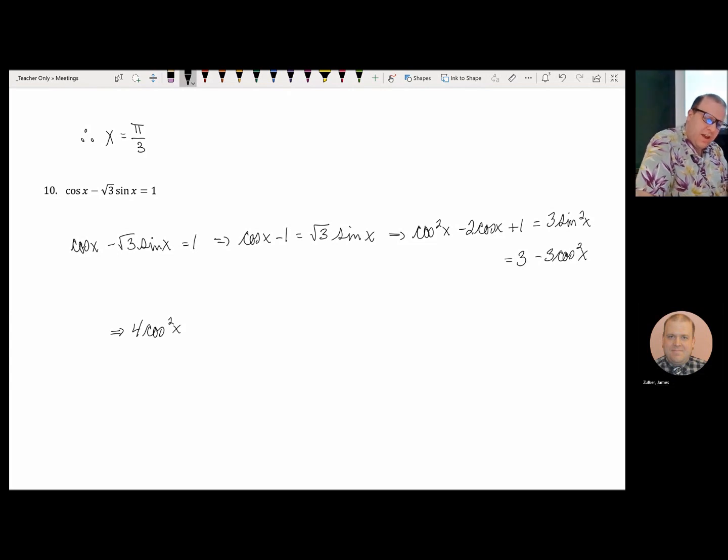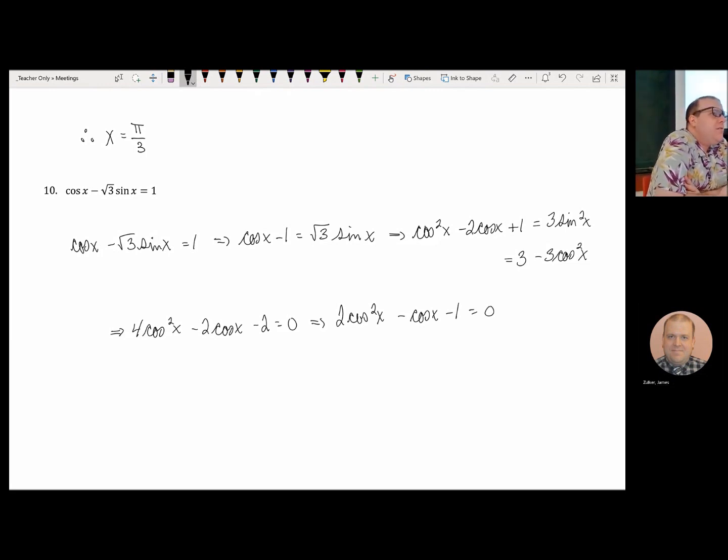4 cosine squared minus 2 cosine minus 2 is equal to 0. Or 2 cosine squared minus cosine minus 1 is equal to 0.